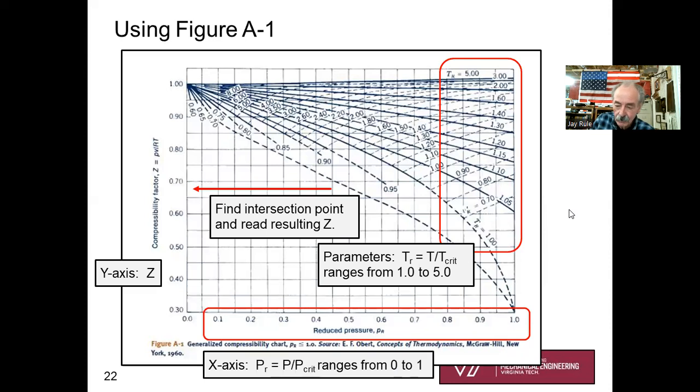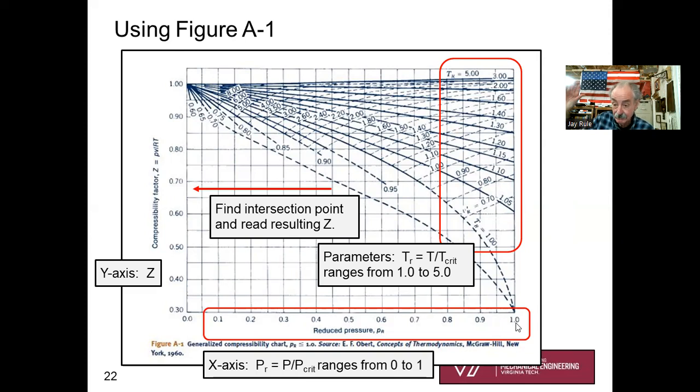Next step, let's see if you're on figure A1. Okay, there may be situations where you're off the chart. That's when you're going to go to figure A2. But let's look at figure A1 first. Notice here, the x-axis first. The x-axis is P sub r, reduced pressure. It ranges from 0 to 1. Realize there can be reduced pressures that are higher than 1.0.